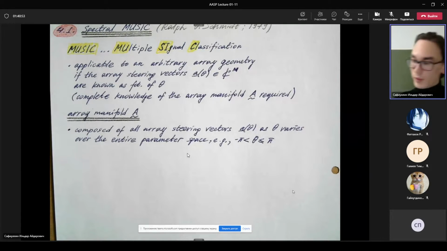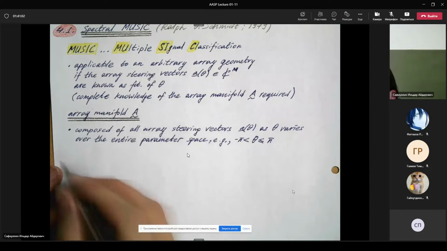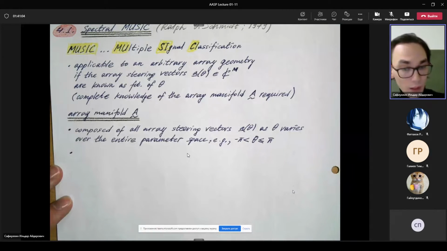Yes, minus pi and pi. And also this array manifold is completely determined.